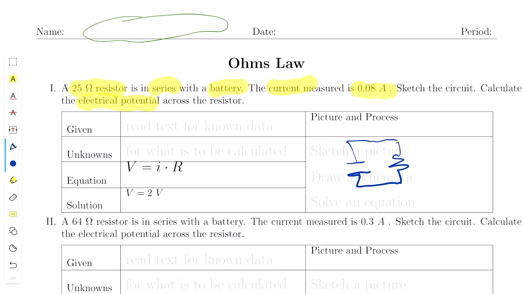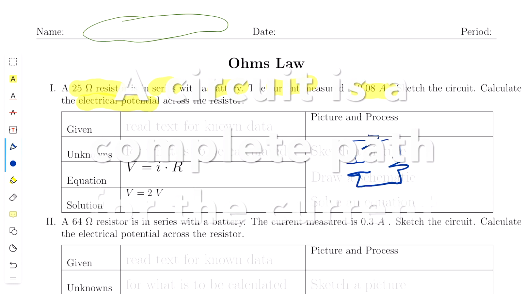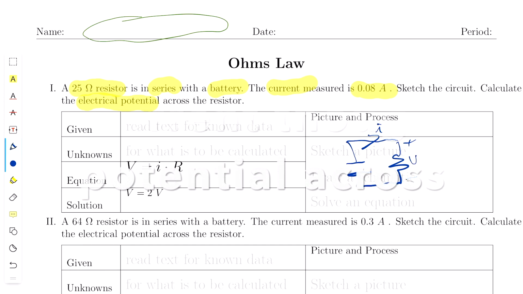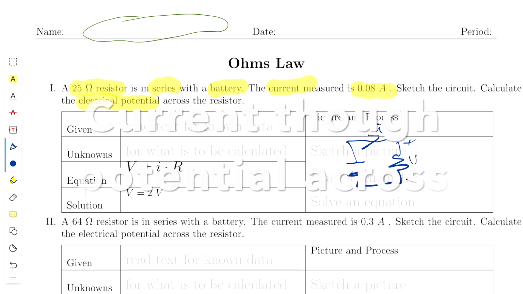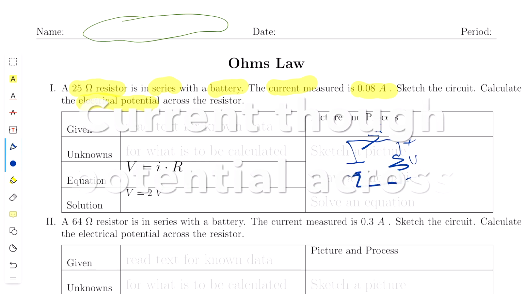And we have a circuit. The circuit has a current going through the circuit. The resistor has a potential, which we call V, across the resistor. These are two important words, through and across.